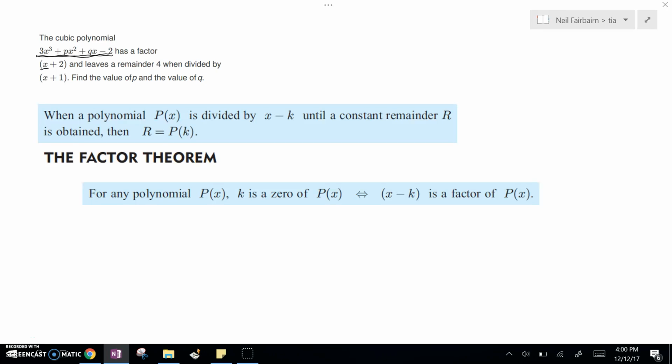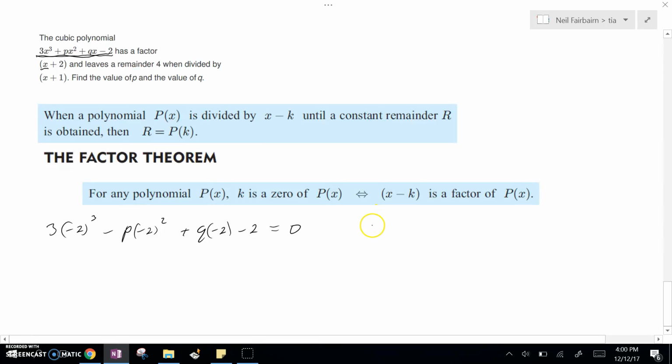So let's just do that. I'm going to put negative 2 into this cubic. So 3 times negative 2 to the power 3 plus p times negative 2 squared plus q times negative 2 minus 2. And since this is a factor, it'll be equal to 0.